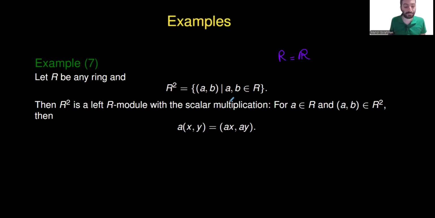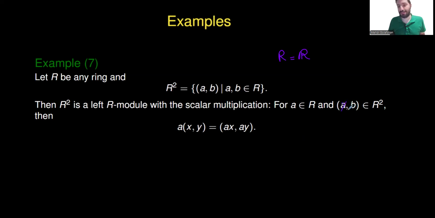We know that R squared is an abelian group with the usual component-wise addition, and we know that from R, it's a similar way. So the scalar multiplication is defined as: take any element a in R and take (x, y) in R squared. Oh, sorry, here is a typo.